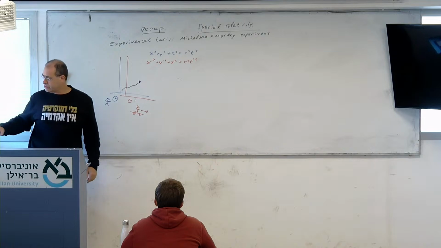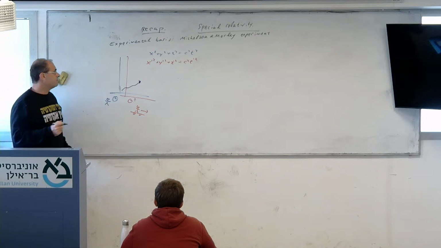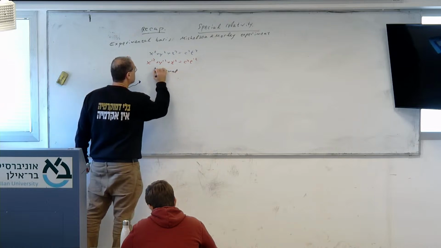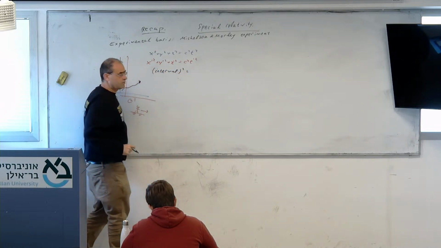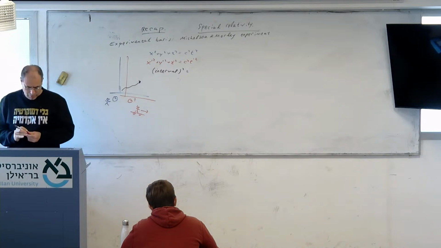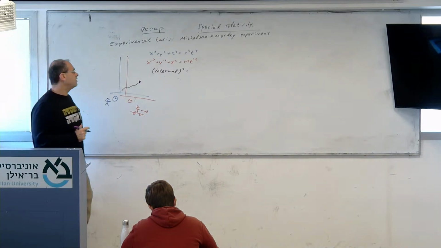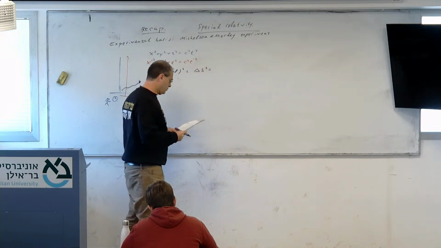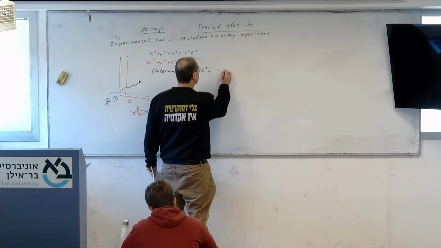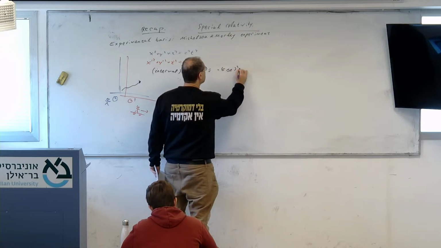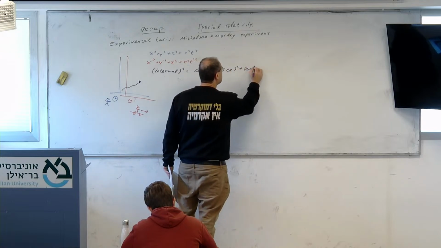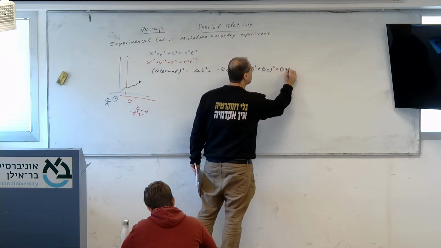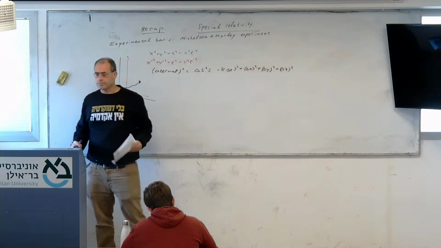The interval between two events, delta s squared, is defined as minus c delta t squared plus delta x squared plus delta y squared plus delta z squared.